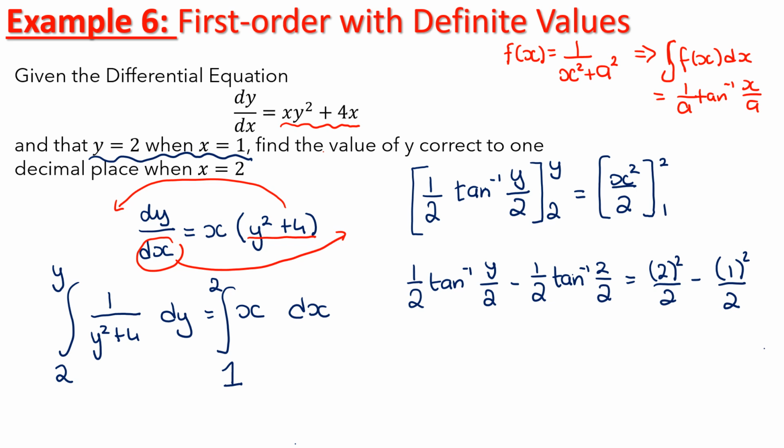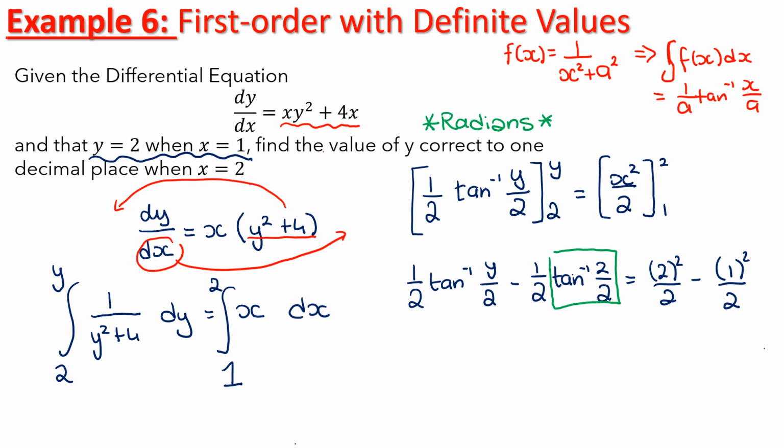Now, a big warning here. As soon as you see anything trigonometric, you need to remember that we always work in radians when we're working in calculus. And I go through that in a little bit more detail in the integration techniques video. So what you need to be careful of is this thing here in particular, which is tan inverse of 1.